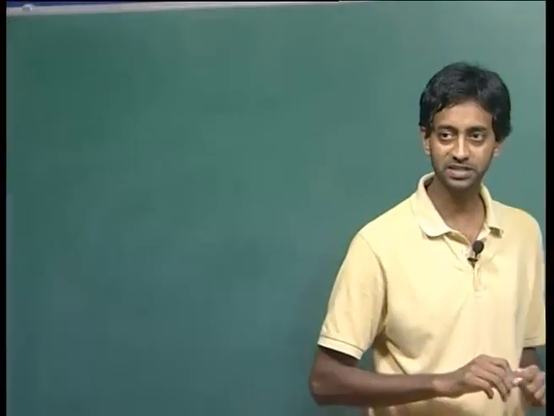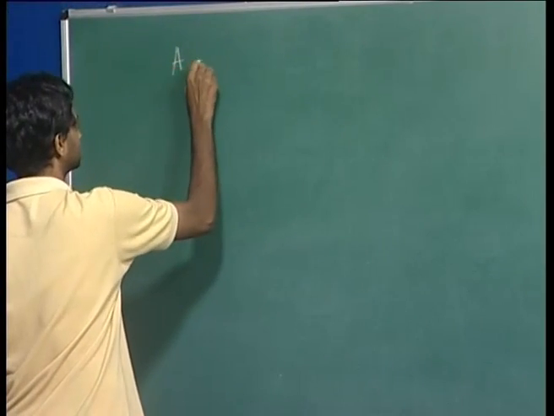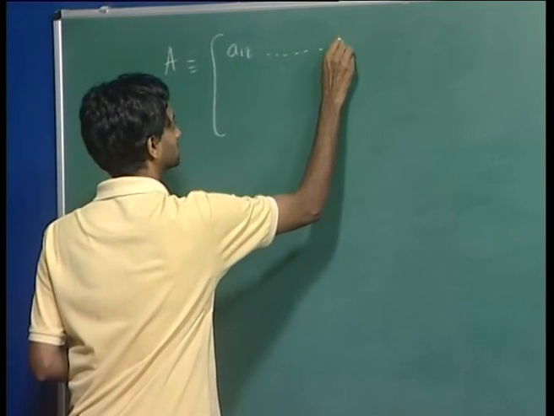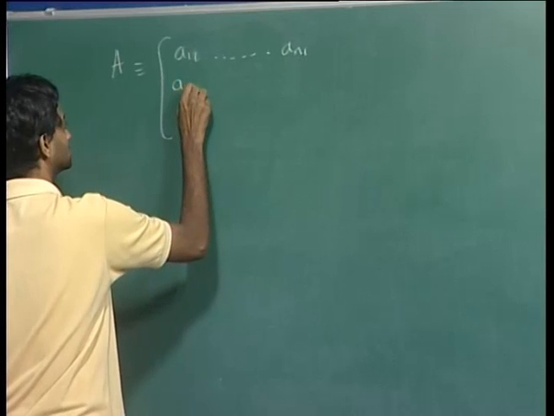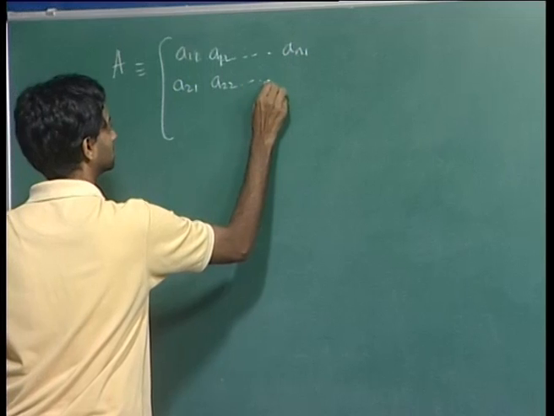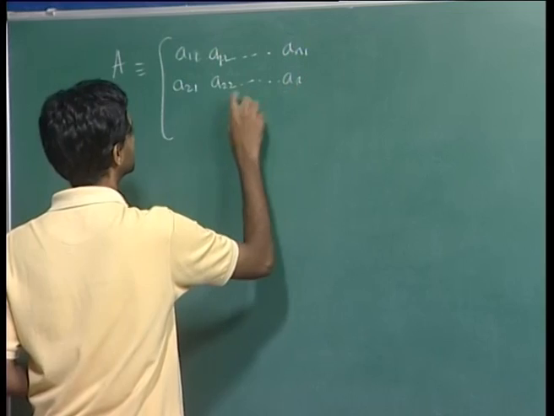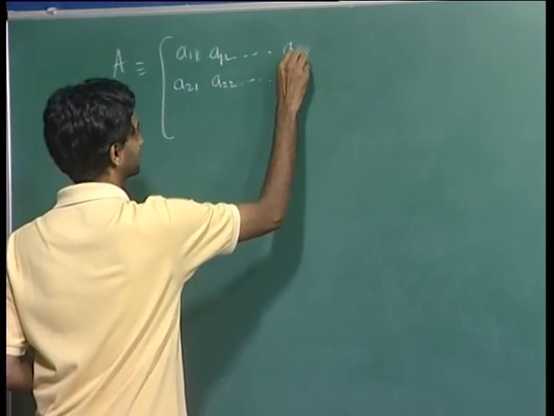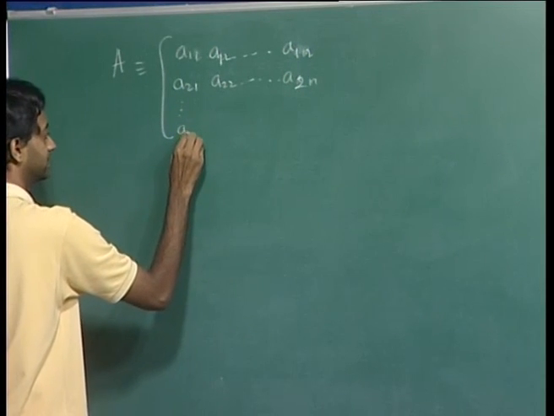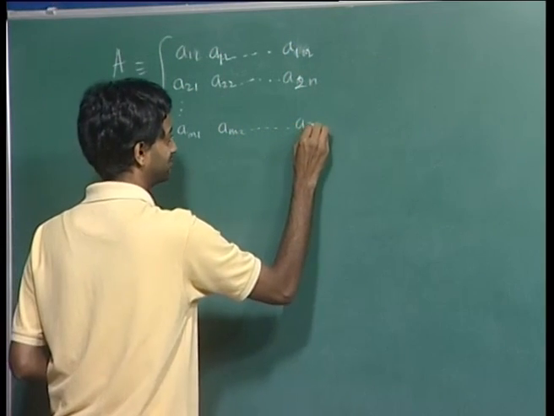Okay. So, let us start with determining the rank of a matrix. So, if you are given matrix A, with entries A 1 1 up to A 1 n, and so on, down to A m 1, A m 2 up to A m n.